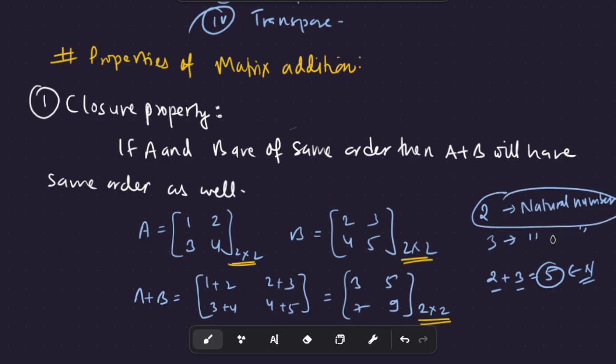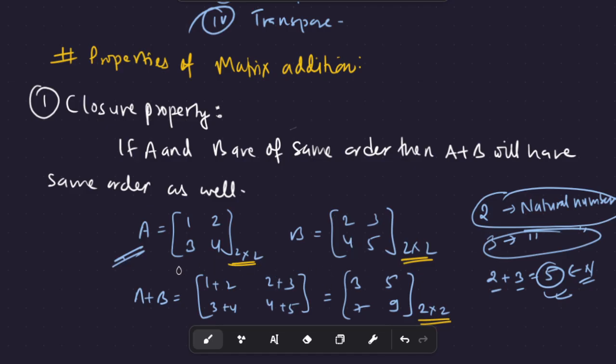So the resultant should be of that same kind as the components. If this is satisfied, then the closure property is satisfied. In the case of addition of matrices also, the two matrices have one order to be compatible for addition, and if they are added, then the sum will also have that same order.